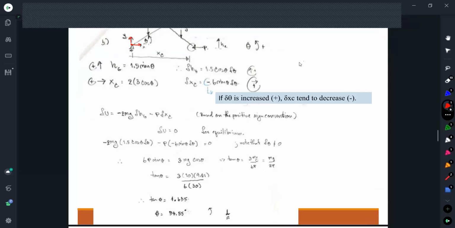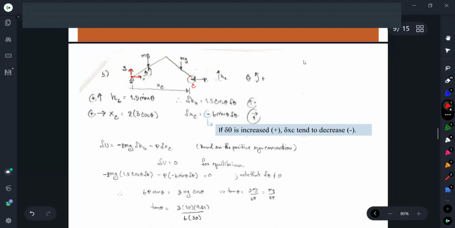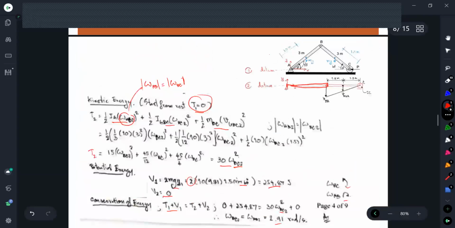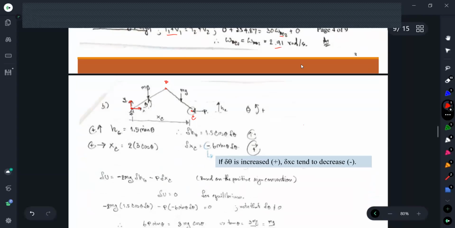According to this, when we measure point C, this is point C here, and this is point B. Then we can find XC.